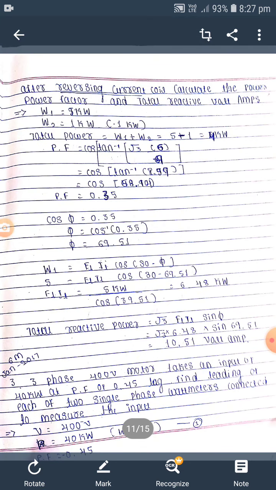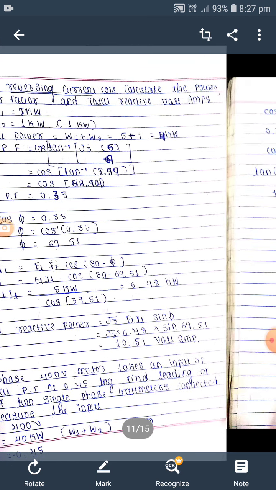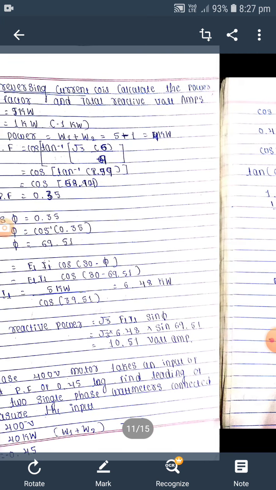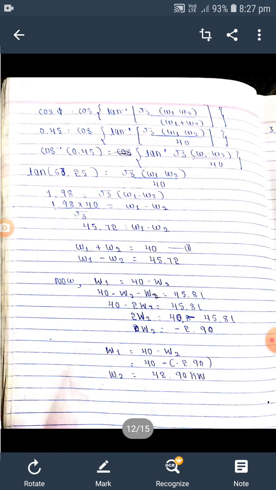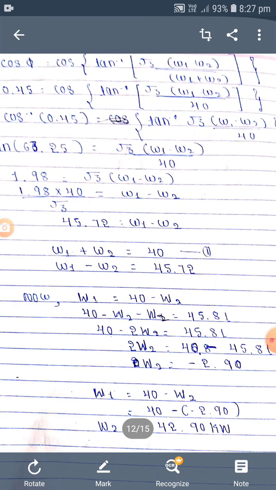Now in this case, V is given 400 volts, the input power is given 40 kilowatts, that is W1 plus W2. Next, power factor is equal to cos of tan inverse of root 3 into W1 minus W2 divided by W1 plus W2.